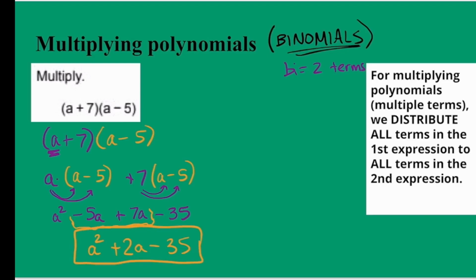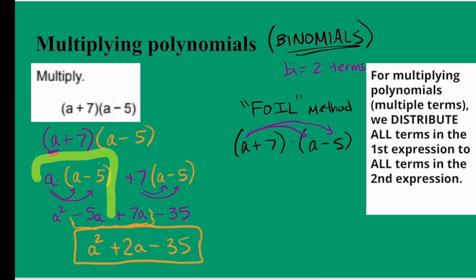There is a trick that some teachers teach. It's called the FOIL method. It is a very specific method. It does all the same work, but it's a trick to, I guess, make things go faster. If you take this same problem, a plus 7 times a minus 5, you can draw arrows. So a times a, a times negative 5, that's what I just did right here in the first two terms of the expression.